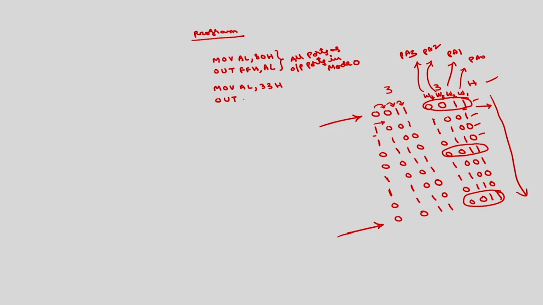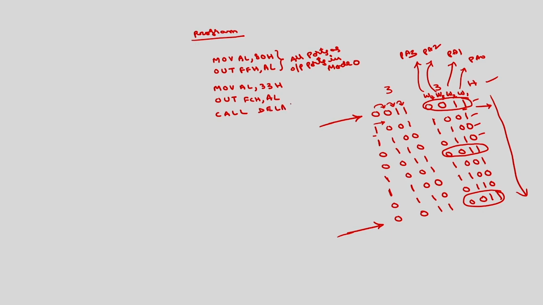So OUT onto port A, whose address is FCH, comma AL. The first sequence is given, so it will rotate. Then you have to give the sequence in order. Between two consecutive rotations we have to call some delay, the delay which you computed earlier, called delay.